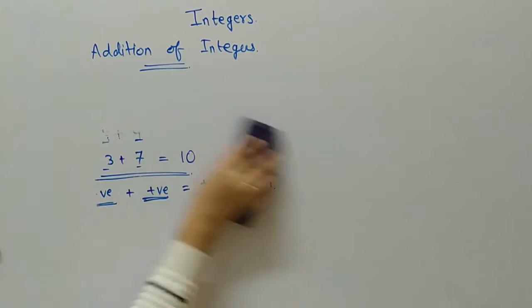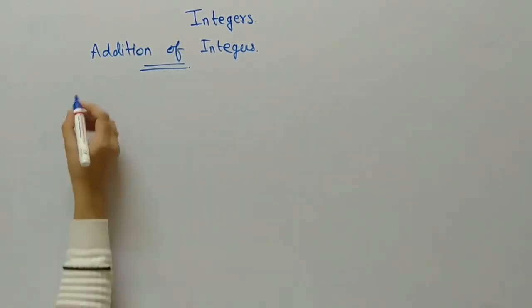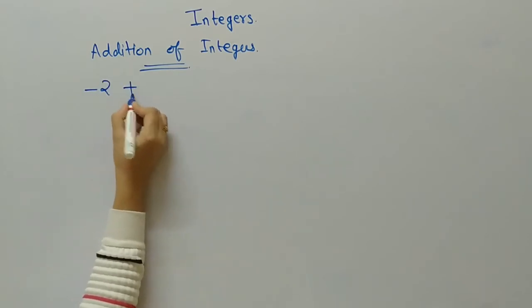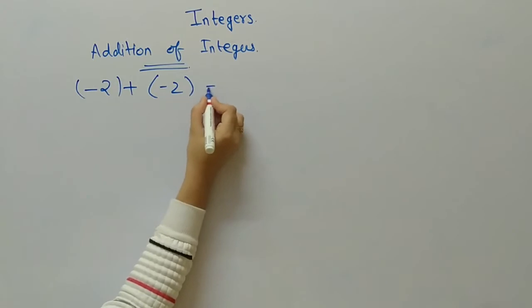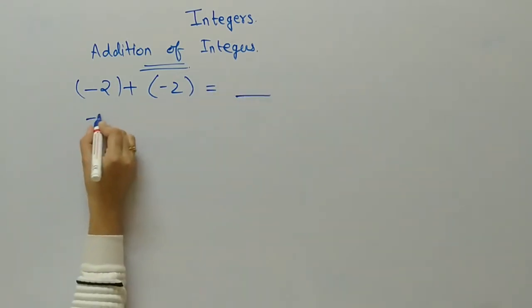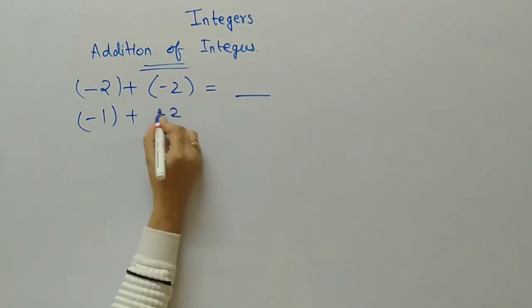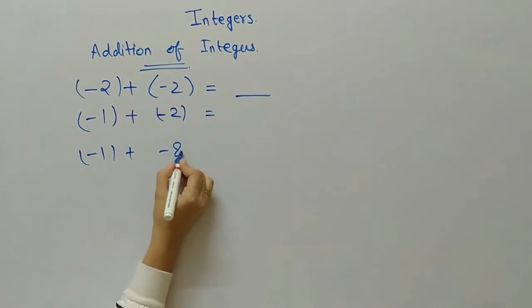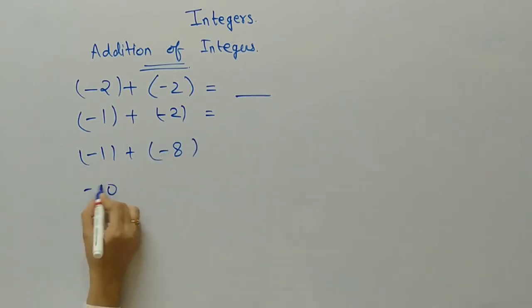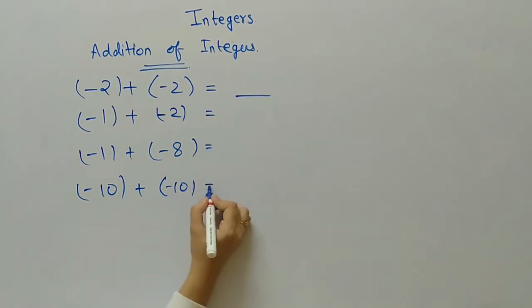Now second case. In the second case, we will see that the sign of both the integers is negative. For example, -1 plus -2, -1 plus -8, -10 plus -10, in this way.